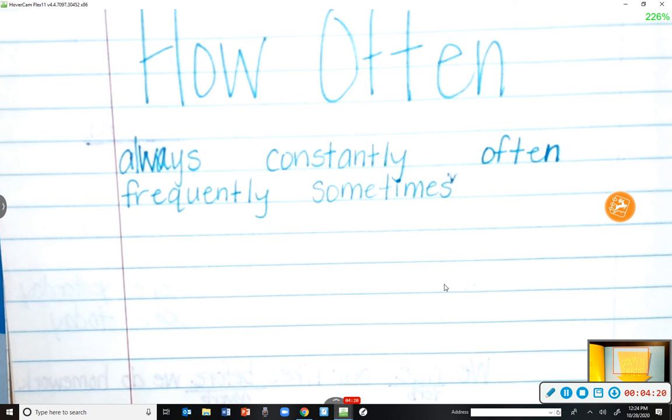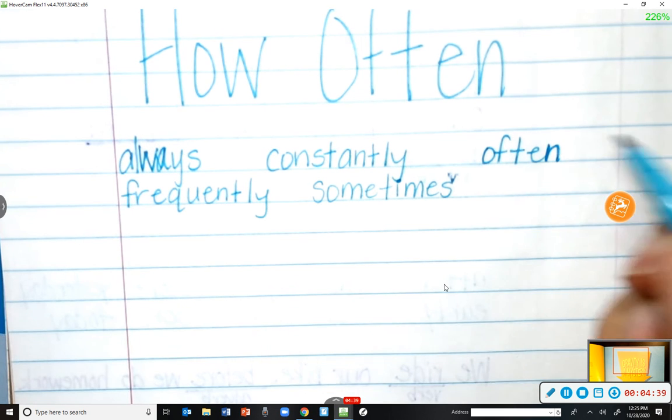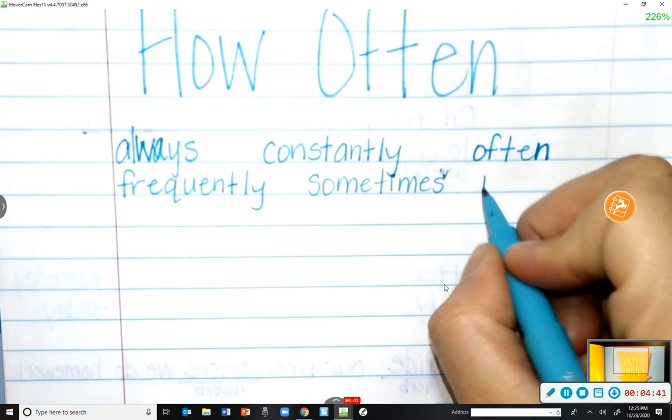I sometimes write in my diary. Okay, good. I sometimes write in my diary. So how often does she write? Sometimes. So sometimes is the adverb, and it describes the verb write. Okay. Usually.